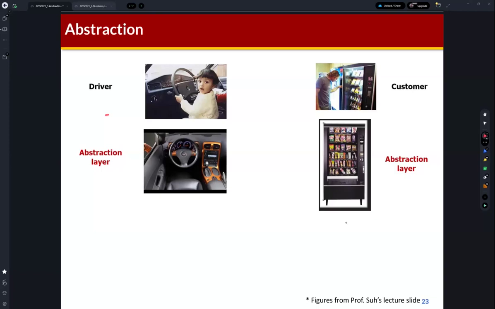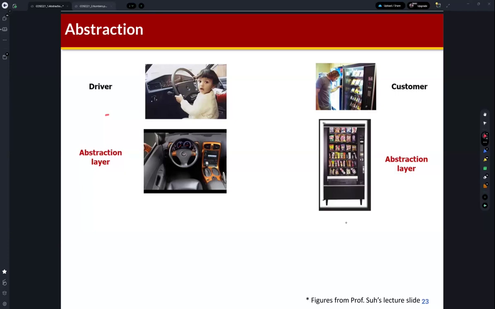Can you understand how the car works? It means, can you understand the car system entirely? No, but why? Actually a car is a very complex system, but we can use a car, right?